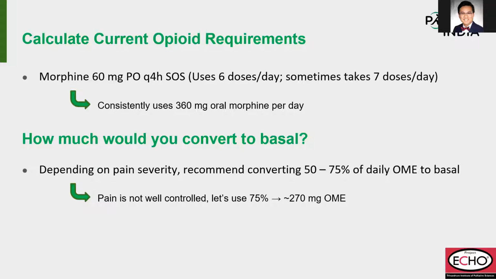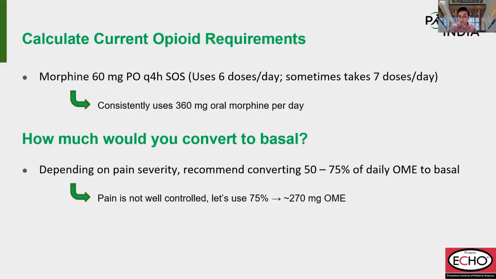So, what we talked about earlier, the first thing that we want to do is make sure that we calculate how much oral morphine equivalents the patient has been needing every day. They are consistently using 6 doses a day, so that would be 360 milligrams of oral morphine per day. The next factor is how much of this do I want to convert to the basal opioid?